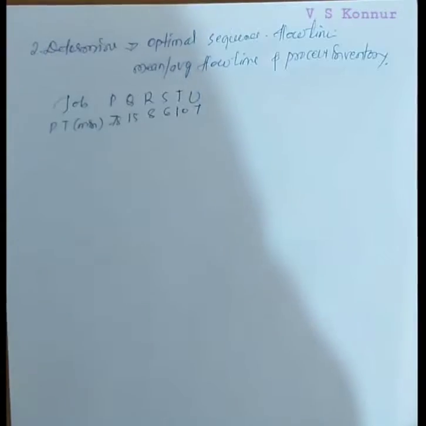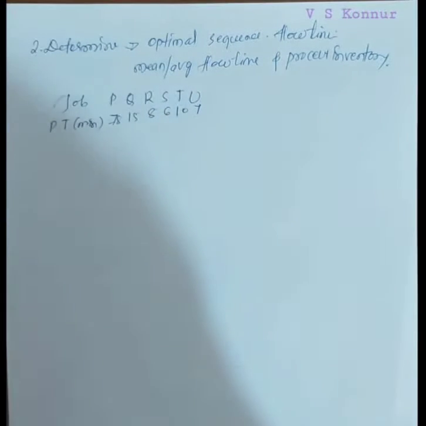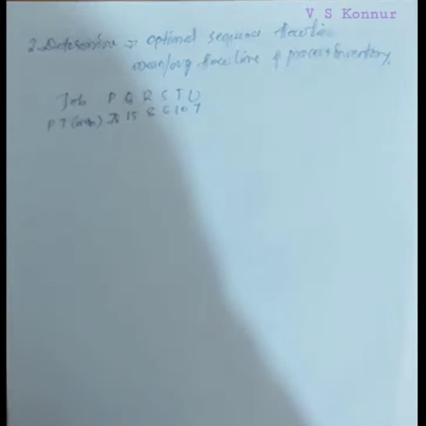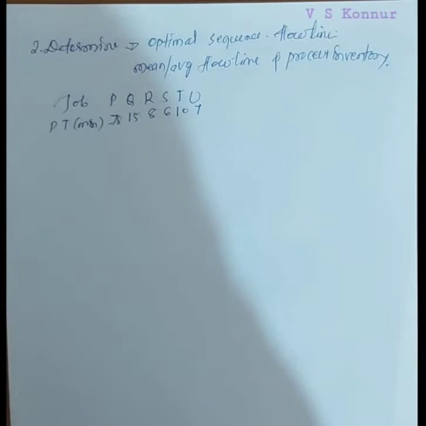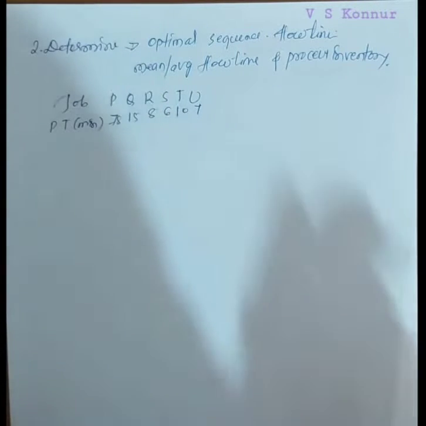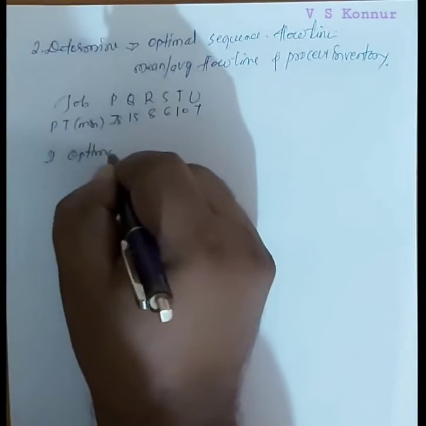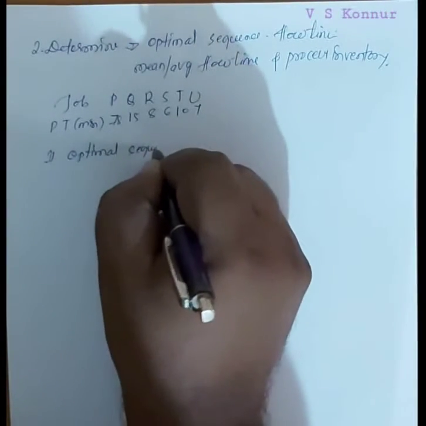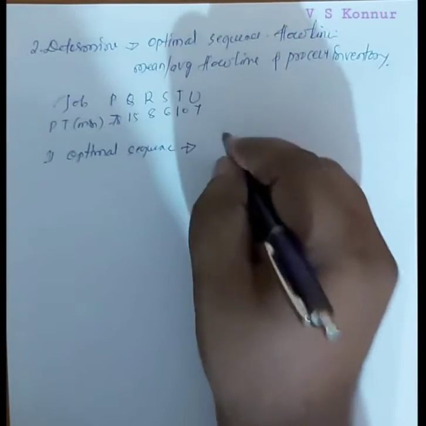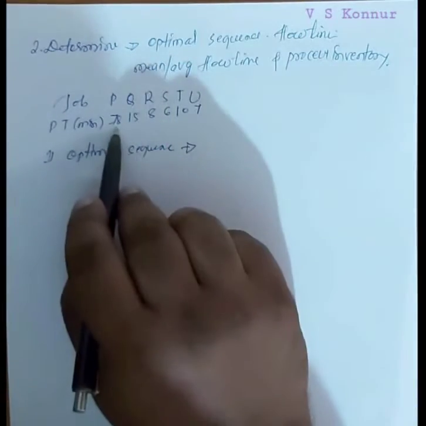We'll go for the next problem. Determine the optimal sequence, flow time, mean average flow time, and average processing inventory. The jobs are given as P, Q, R, S, T, U and the processing times are 18, 15, 8, 6, 10 and 7. First, we have to find the optimal sequence. The optimal sequence is calculated depending upon processing time.